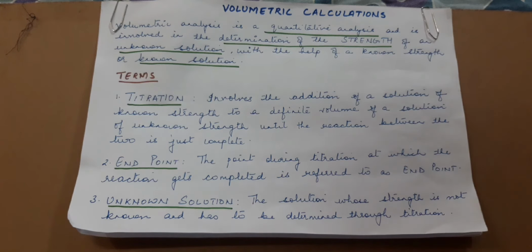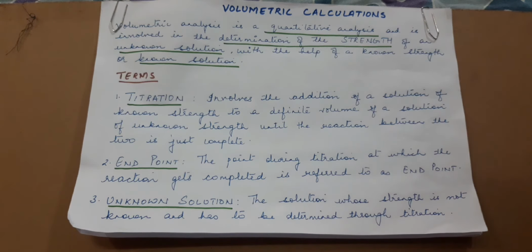When we talk about quantitative analysis, we are generally considering the amount of a particular substance present in that particular compound or solution that we are going to study. So, quantitative is in terms of the amount. How much?